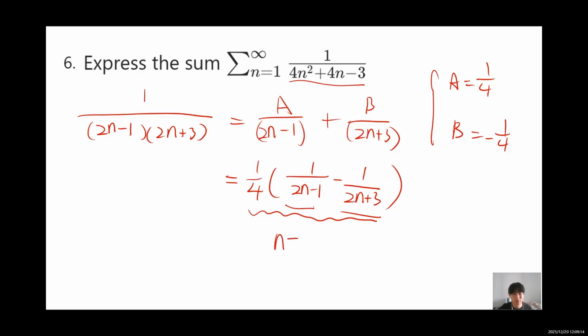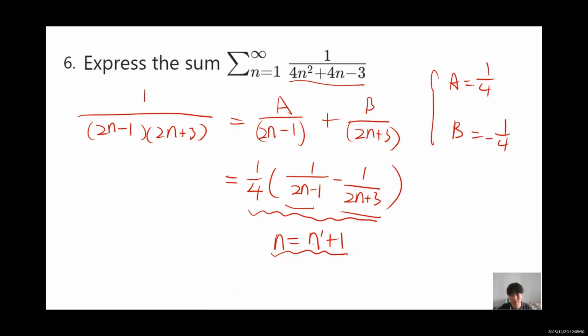We let n equal n prime plus 1. This is just a check. You needn't write this in your notes. It tells you the pattern, why it can cancel.